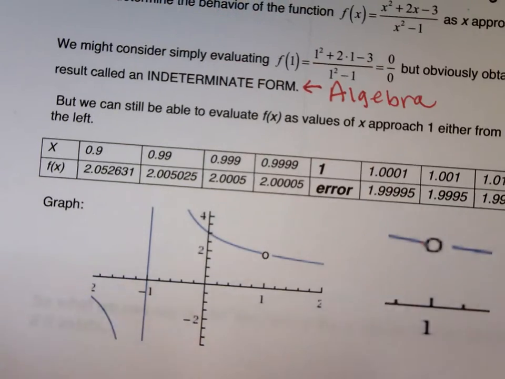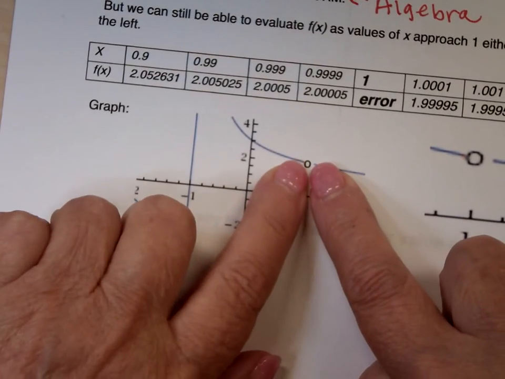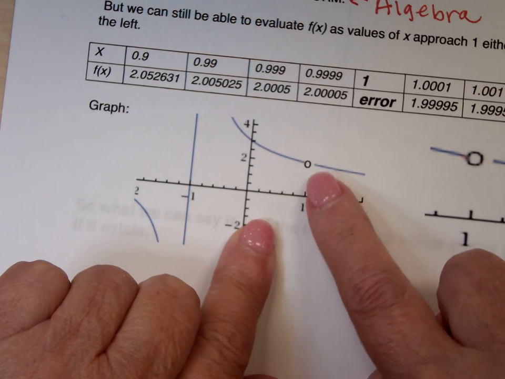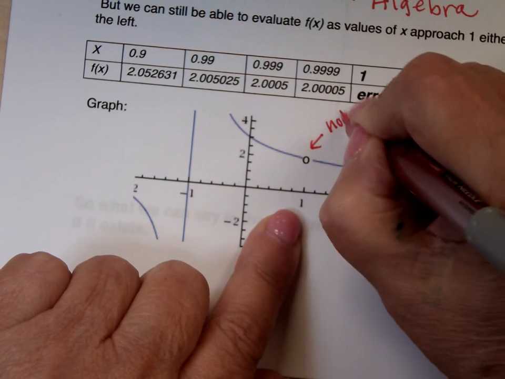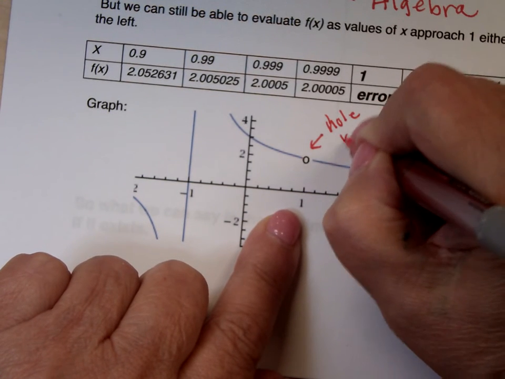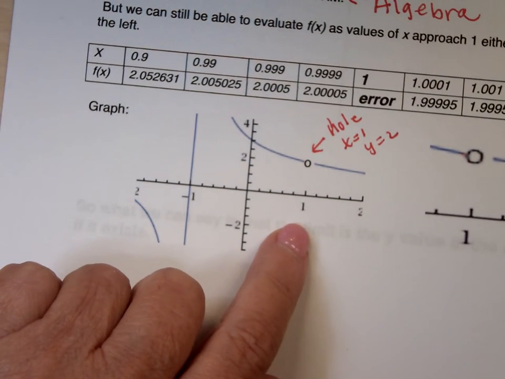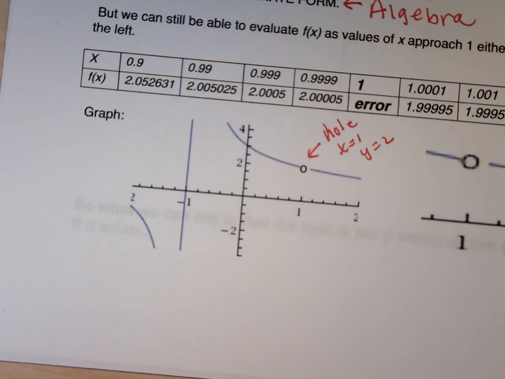So if I take a look at the picture, this is the picture. There's a hole in the graph. There's a hole in the graph at x equal 1, y equal 2. However, fingers, I'm going to be doing a lot of this, especially with the group work that's coming.